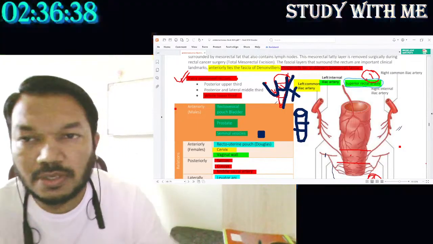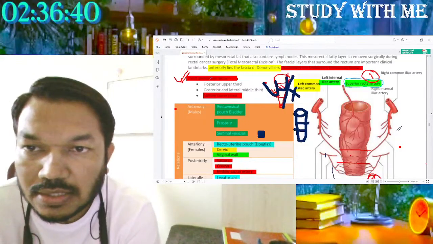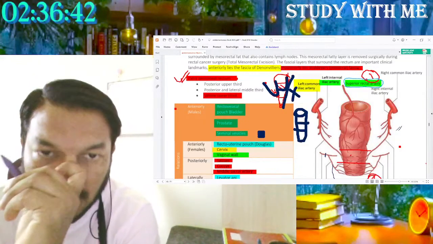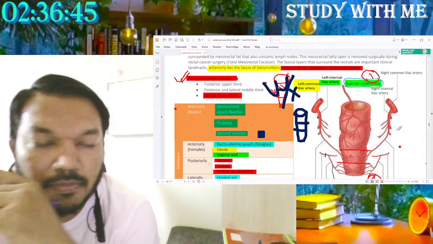Extraperitoneal rectum. This is important.